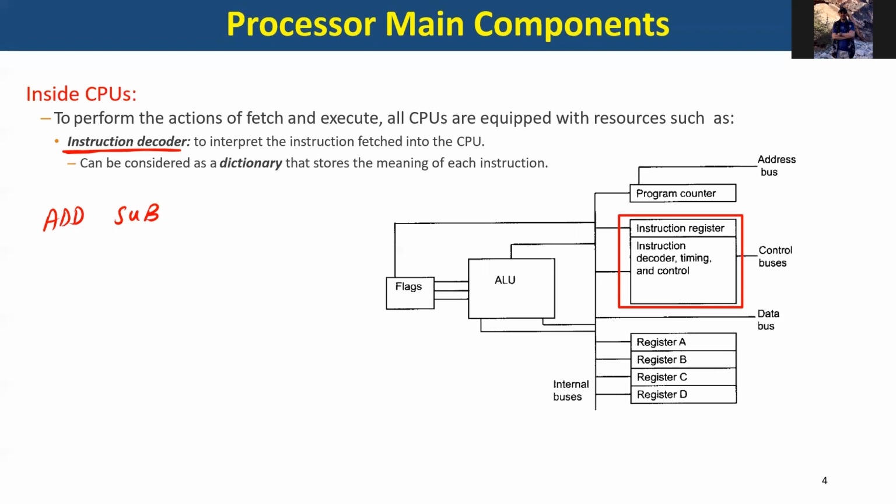So we need what's called the instruction decoder. This instruction decoder will read the instructions that came from the memory, and it will tell the processor, oh, this is an addition, so you must use this part of the processor, or this is subtraction, so you must use this part. This is multiplication, you must use this circuit, and so on and so forth.